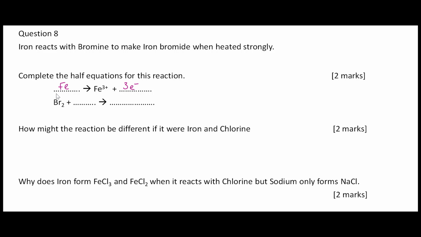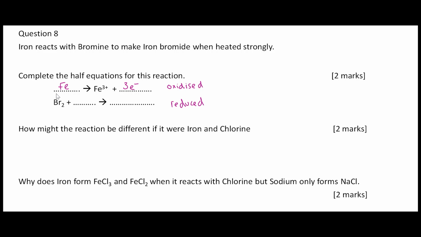Now, in a redox reaction, we have something here that has been oxidized, and that just means it's lost electrons. Well, if something's oxidized, the other species must be reduced. Remember that reduction is the gain of electrons.